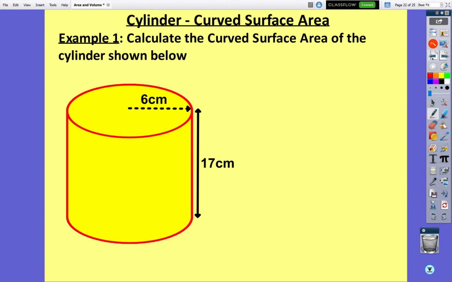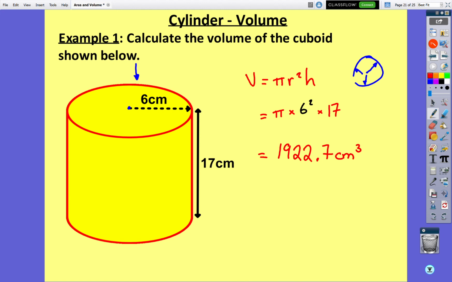Volume's dead easy. The only thing you need to watch for is that you don't get given, for instance, a diameter. Say that was 18. Even though you're given a diameter, the equation calls for the radius.